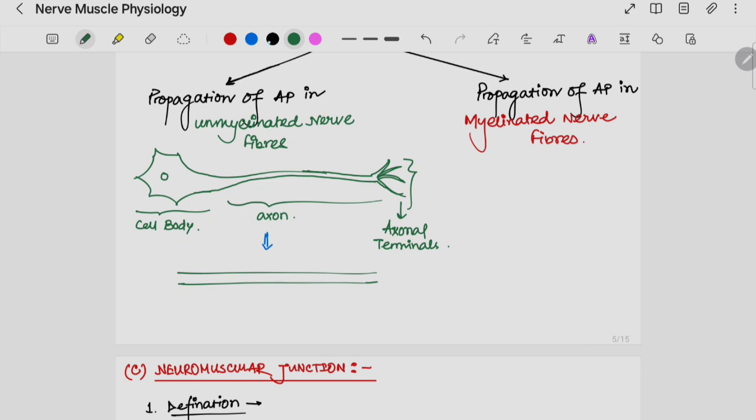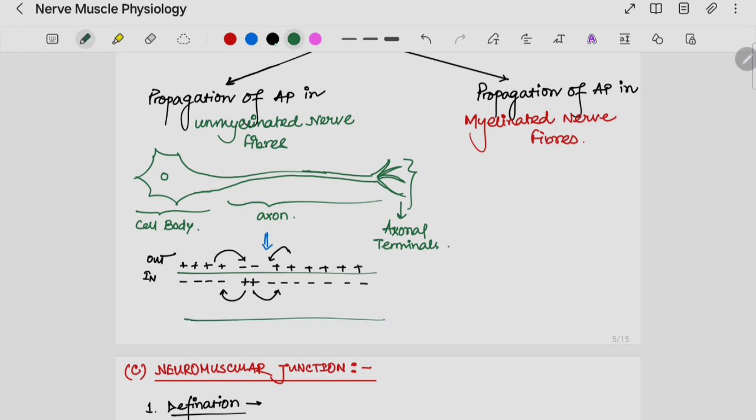So it is outside the axon, it is inside the axoplasm, right? Let's say here an action potential is generated. So it is propagating nearby by replacing those ions, and these charges are propagating in the forward direction.